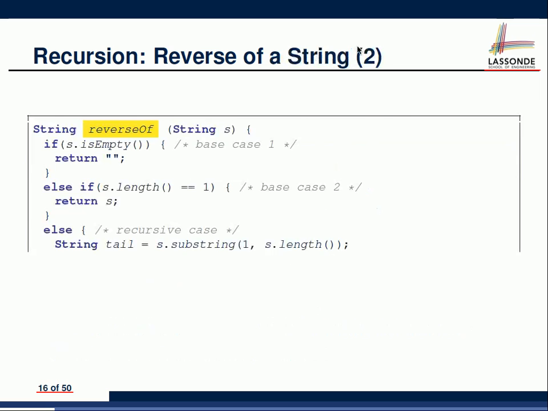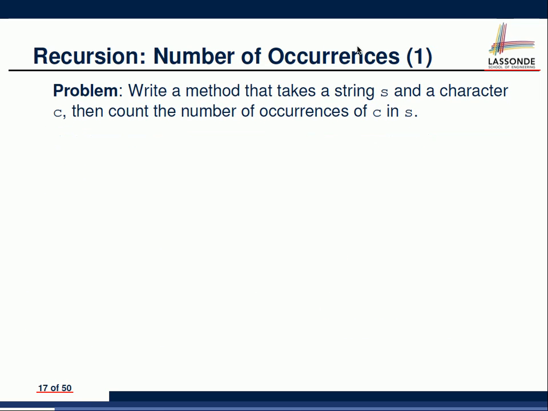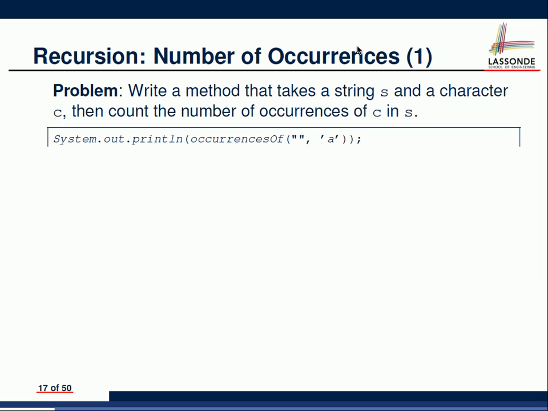Okay, this one is also interesting: number of occurrences. We want to count how many times a particular character occurs in a single string. Let's say we are defining this method called occurrencesOf. How many times does character A appear in the empty string? Zero times, right?